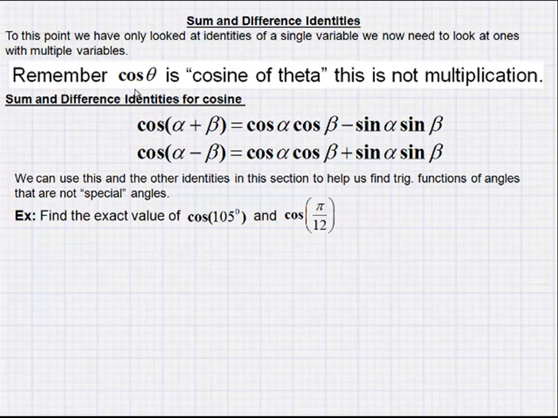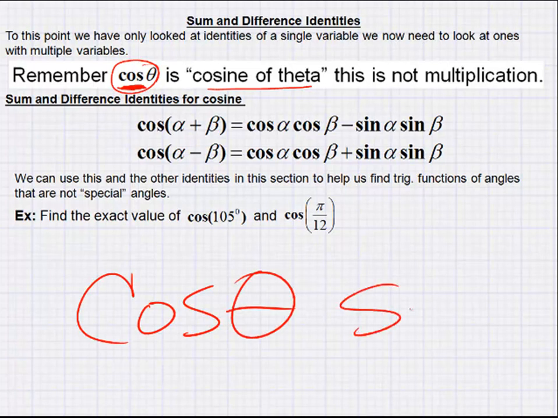A really important idea to get across here, so that you don't make a very common mistake, is to understand how our functions work. Cosine of theta. This is how we read it. We read it cosine of theta. This is not cosine times theta. When I write cosine theta or sine theta, this is the cosine of theta, not cosine times theta.